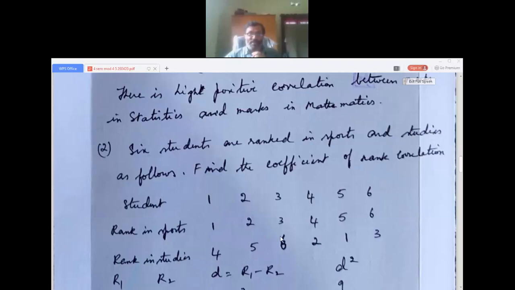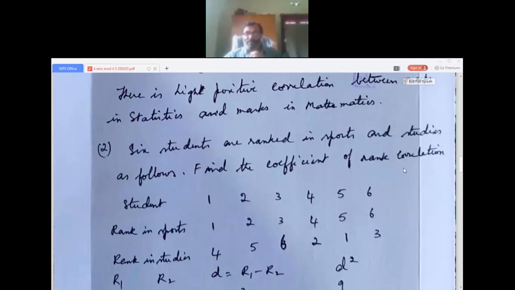For the third student, rank in sports is 3, and rank in studies is 6. For the fourth student, rank in sports is 4, rank in studies is 2. For the fifth student, rank in sports is 5, rank in studies is 1. For the sixth student, rank in sports is 6, rank in studies is 3.